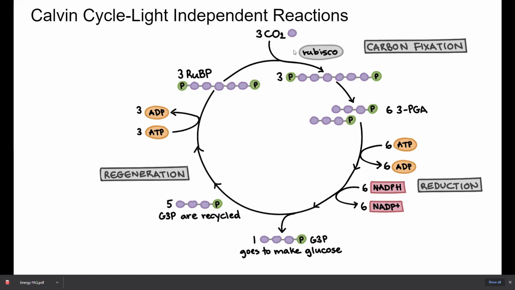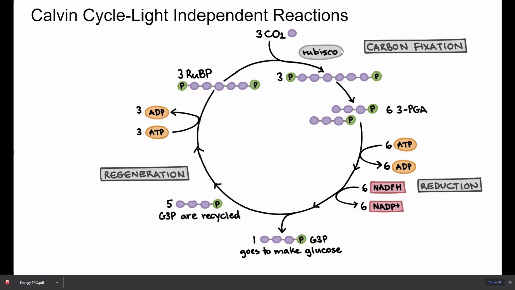It's very prevalent because producers are the most prevalent life form on Earth, and because they need to support the rest of life, these producers all have Rubisco that takes CO2 from the atmosphere and fixes it.